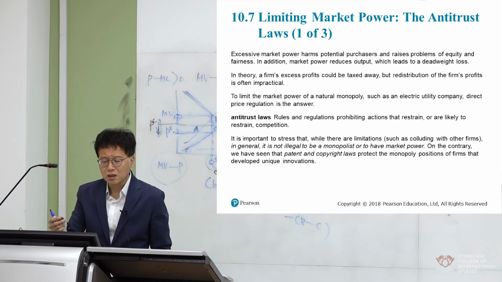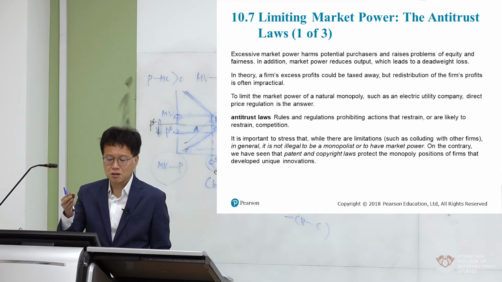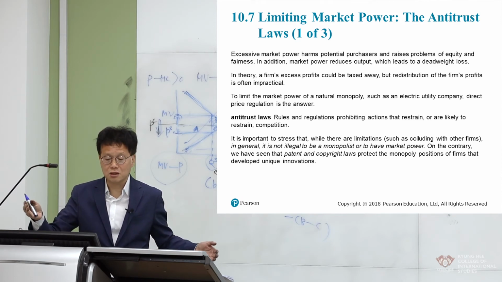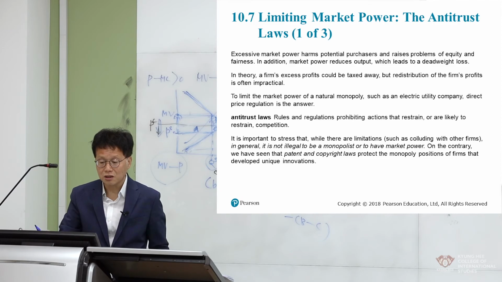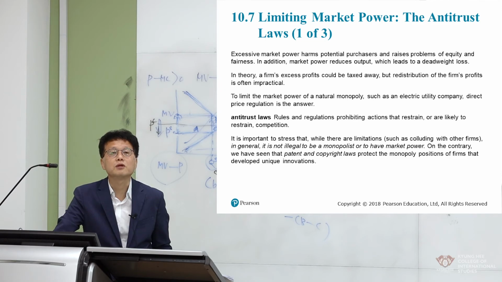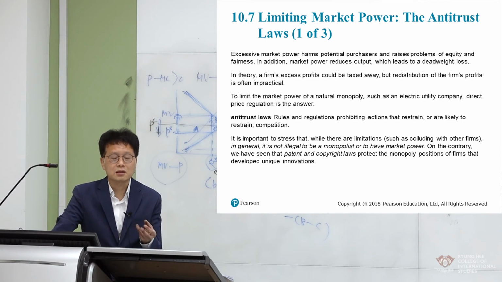In that case, the government has to intervene in the market to increase national welfare using antitrust laws. Antitrust laws are a really important thing, and they're usually exercised by a Fair Trade Commission or Fair Trade Committee, for example. That is a really important thing to enhance the market economy. Okay?